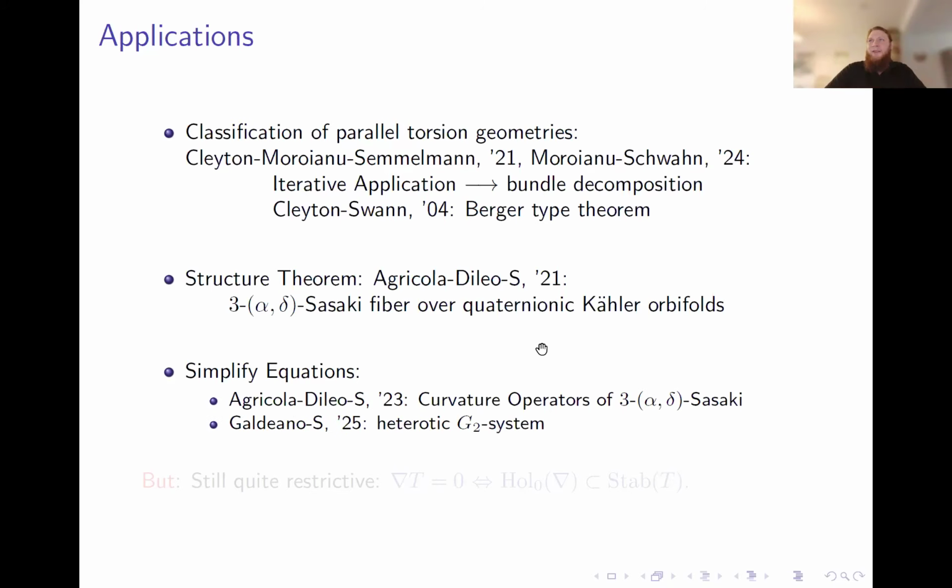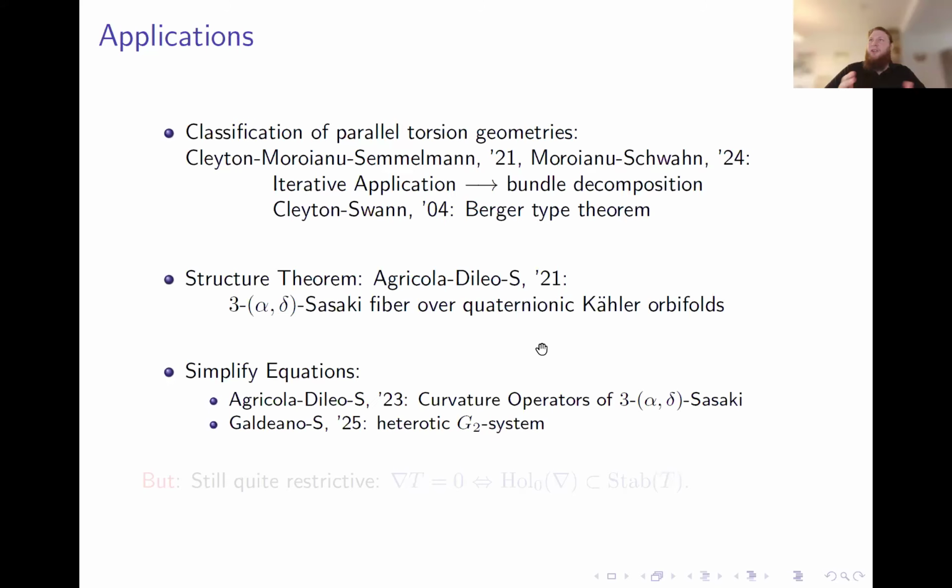And the same kind of trick is the foundation of a joint paper with Matteo Galdeano. So we worked on the heterotic G2 system, and there are probably several people in the audience who know more about the system than I do. But basically our idea was, can we apply the same thing to connections or to geometries with reducible parallel torsion holonomies?